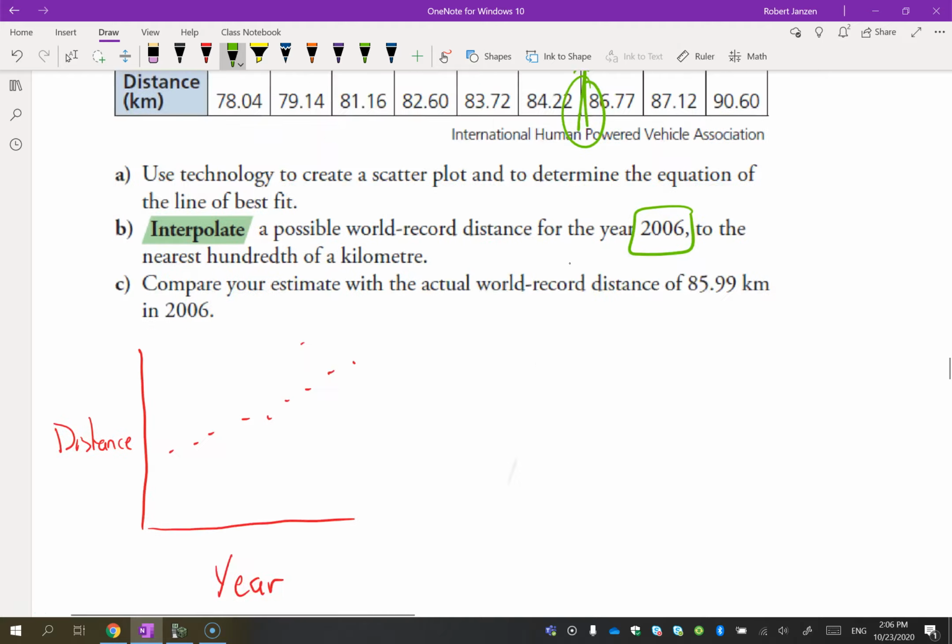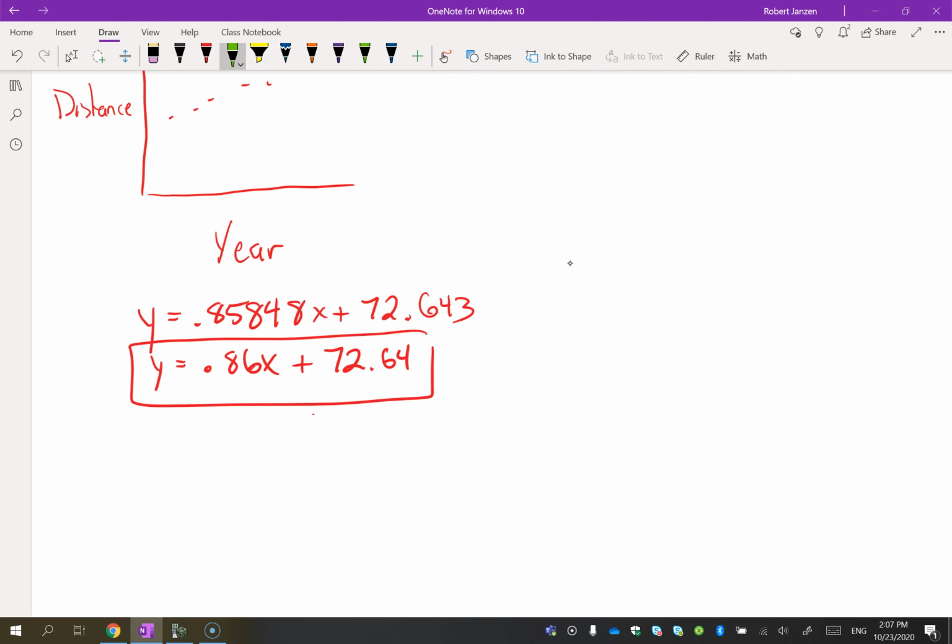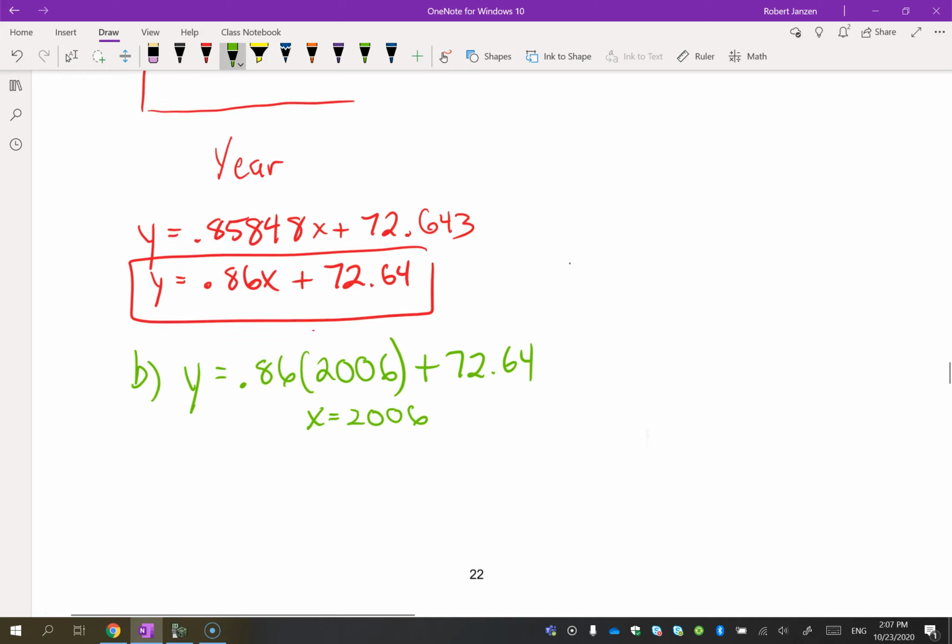Okay, well, we could do this a couple of ways. We could use the formula first of all. So you could go y equals 0.86 times 2006 plus 72.64. This is using our equation and saying x is 2006. Okay, so that works. We'll put that in the calculator. We could figure that out.